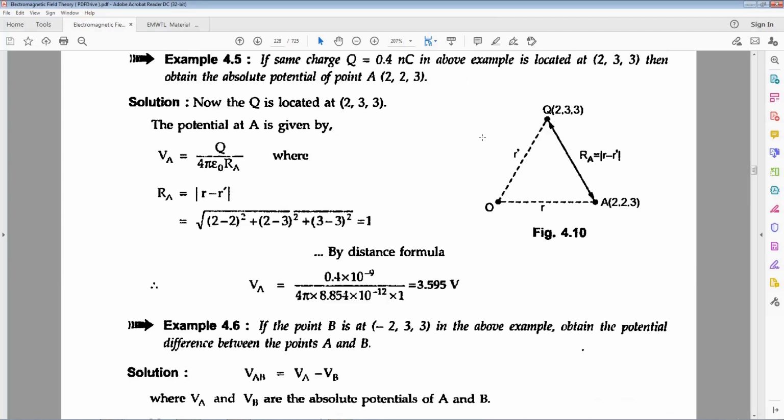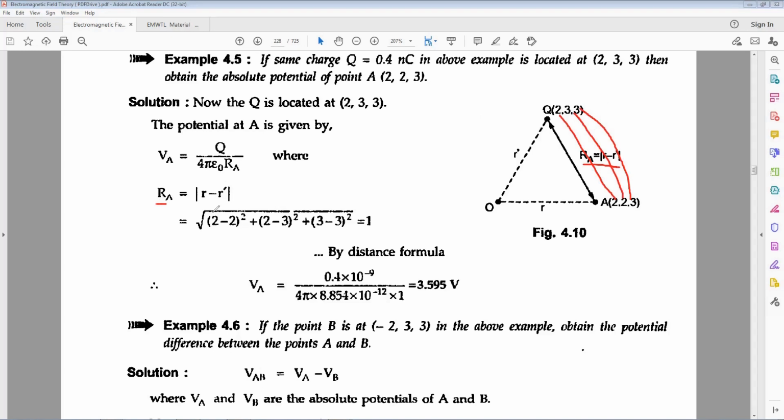Now the charge is at 2, 3, 3 and you have to find the absolute potential at point A, 2, 2 and 3. This direction you can write as 2 minus 2, 2 minus 3 and 3 minus 3.